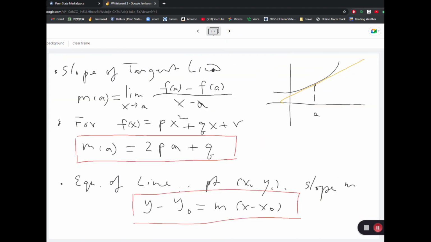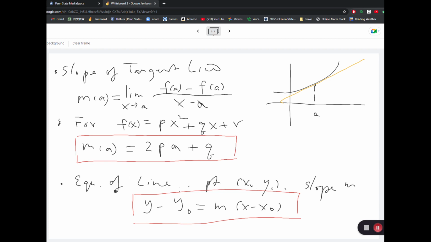There's not much we can do because we don't know how to do the limit yet, so we're just going to use the given result. This is called the slope predictor formula for quadratic function. And next, we're going to see an example of how to write an equation of a tangent line.